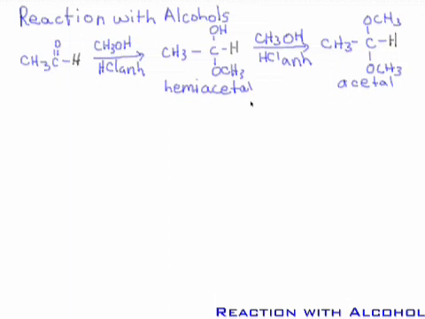Suffice to say that whether it's a hemiacetal-acetal or a hemiketal-ketal, these reactions are reversible, and the equilibrium typically will lie to the left, to the C double bond O. Just like 1,1 diols, geminal OH groups, a geminal methoxy and OH or a geminal two dimethoxys off the same carbon are not stable. It's a challenge to get these, and you have to use special conditions, hence the anhydrous HCl. And when we look at the mechanism, we'll see why this is the case.